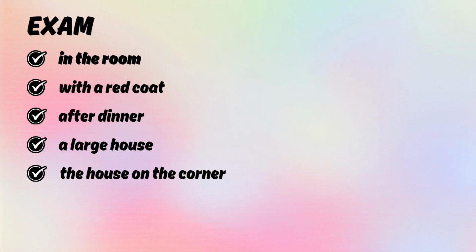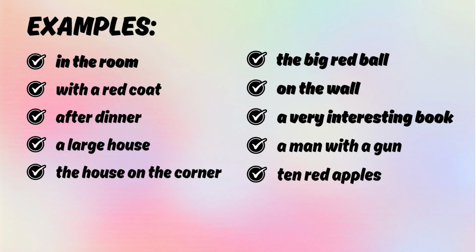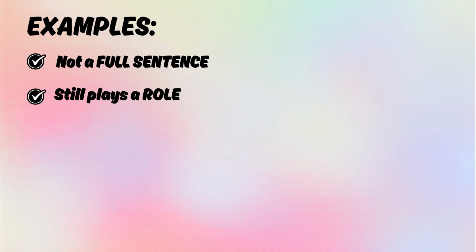Examples on slide. In the room, the big red apple with a red coat, a very interesting book, a large house, 10 red apples. Each of these is a phrase. Each one of them is not a full sentence, but it plays a role, just like a team member in a group.